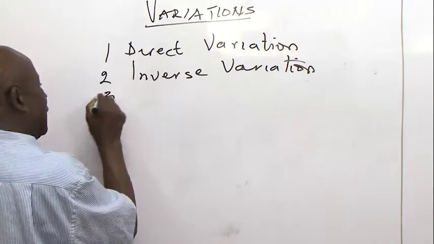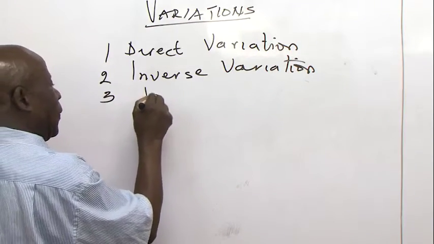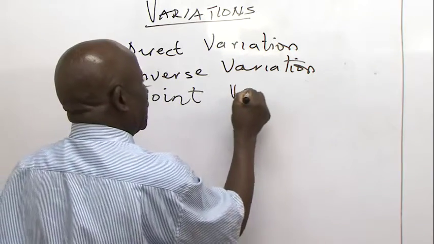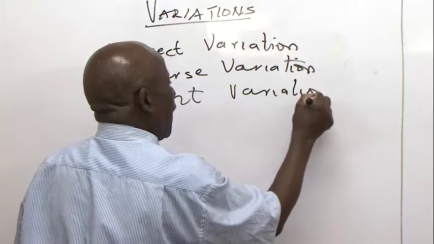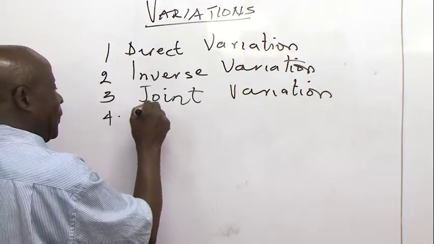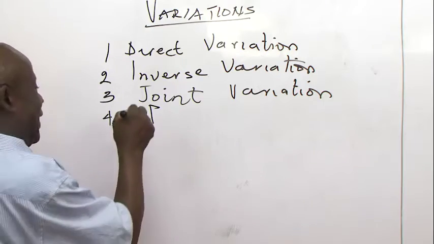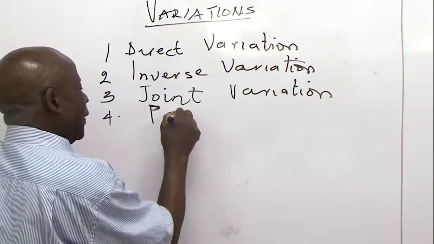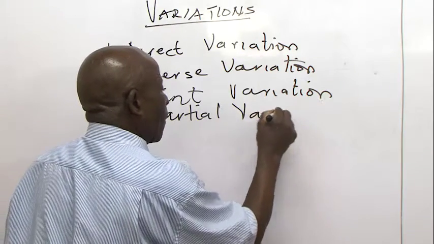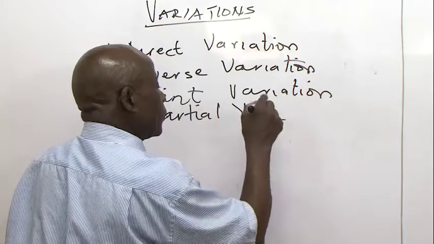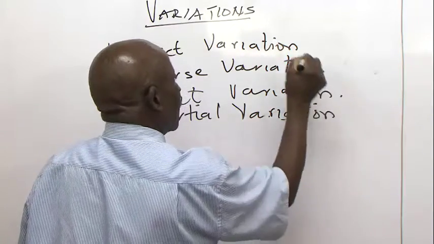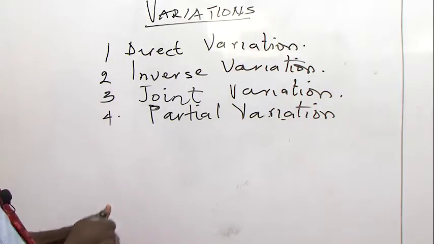The third one is joint variation, and the last one is partial variation. We are going to examine them one by one.